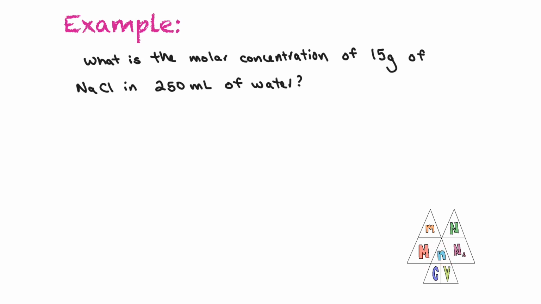We don't know the moles yet because all we know is we have 15 grams of the solute, sodium chloride. So our first step is to calculate the molar mass. The molar mass of NaCl is equal to 23.0 grams per mole plus 35.45 grams per mole. We add those together and get 58.45 grams per mole.